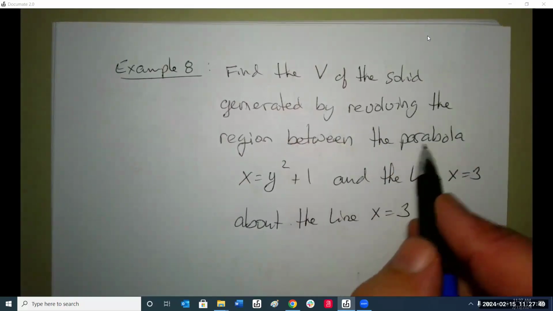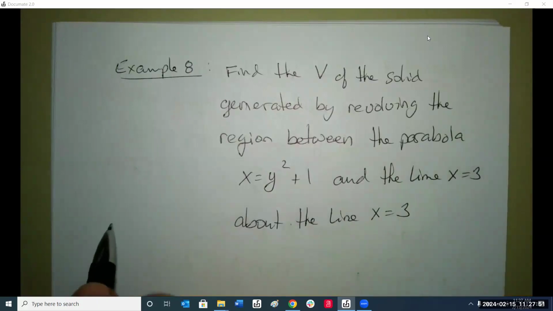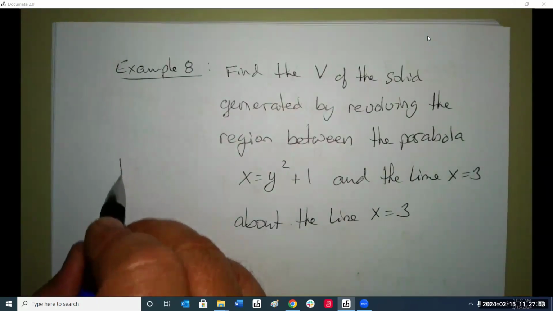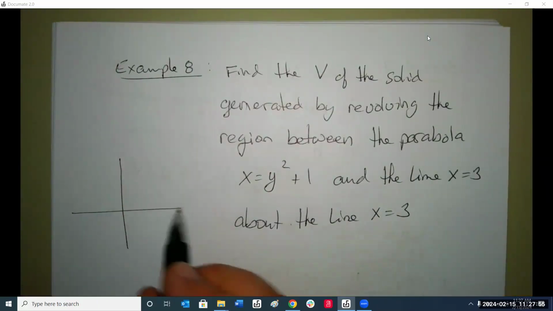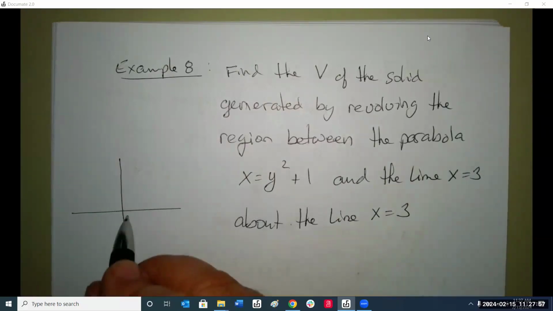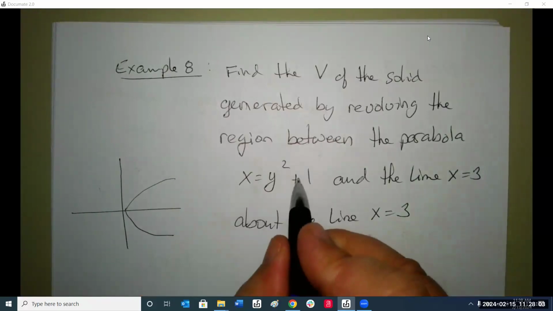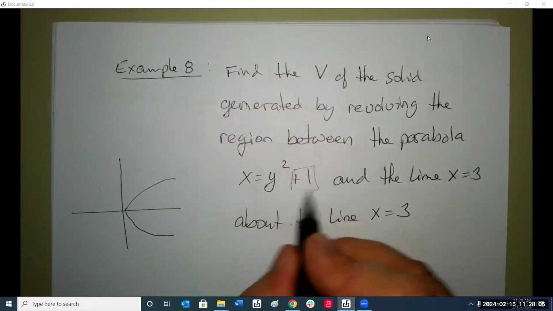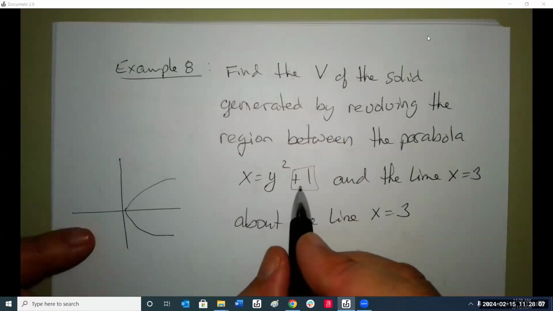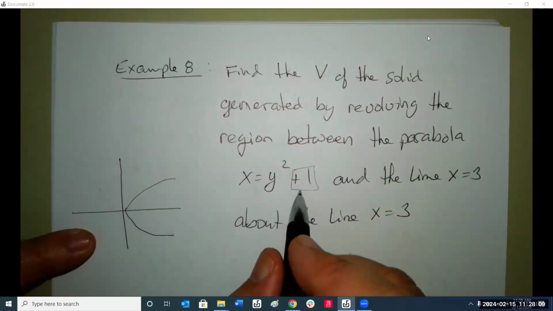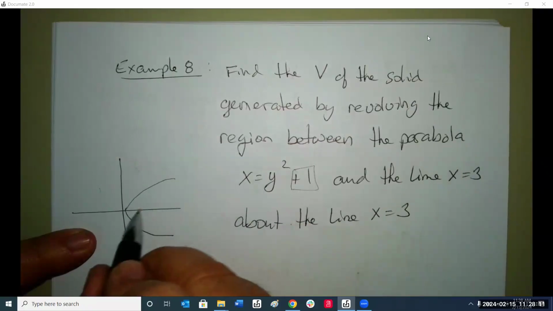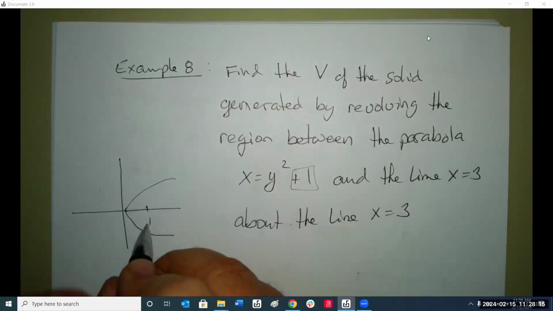All right, so find the volume of the solid generated by revolving the region between the parabola, so the parabola of this one. Instead of going up, it's going to go this way. And plus 1: since that is with the y, that means it's a horizontal shift of 1 unit.